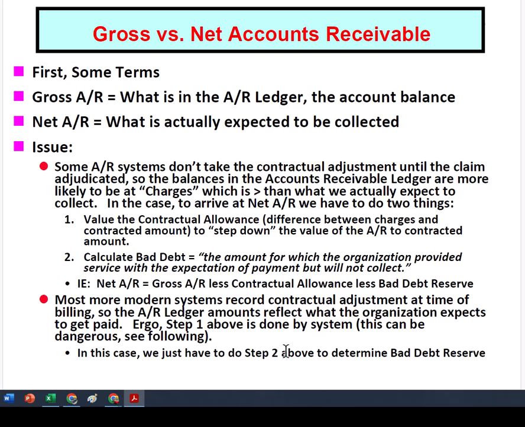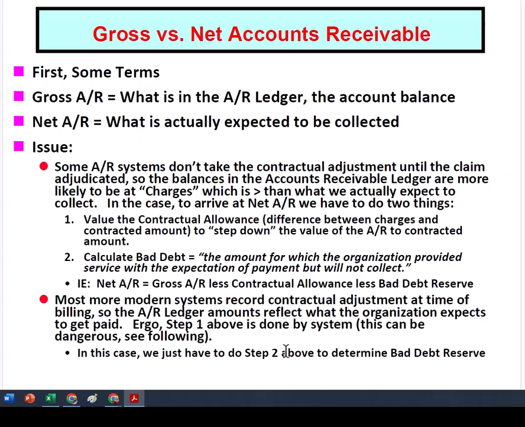I don't want to go too much in the rabbit hole, but especially in surgical services, determining what you're going to get paid is not as straightforward as you think. Let's just say it's a colonoscopy and you're removing a polyp.